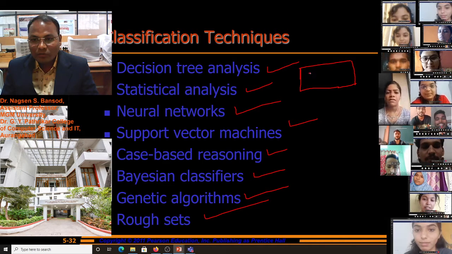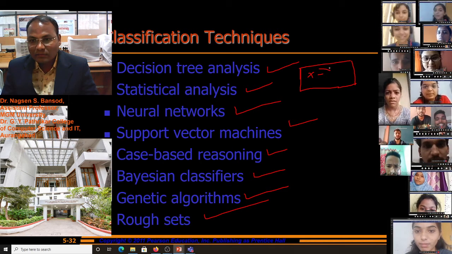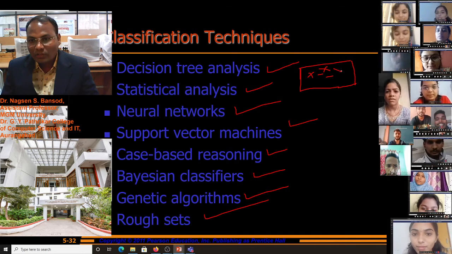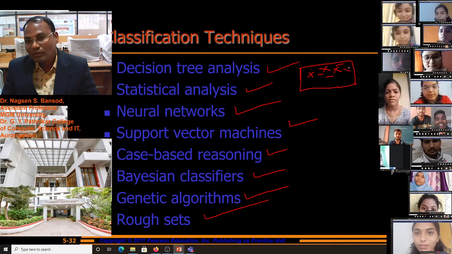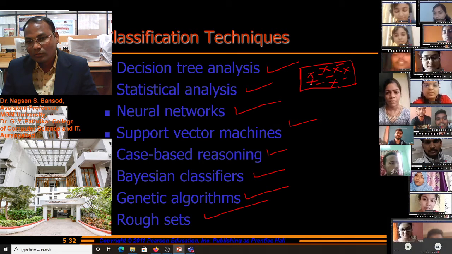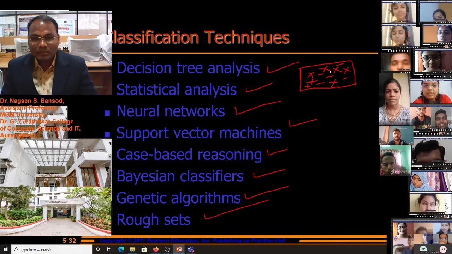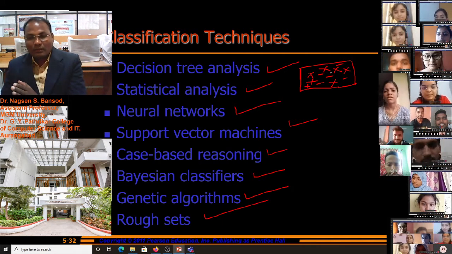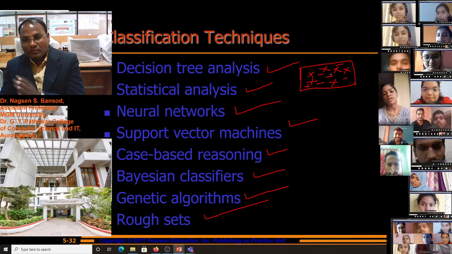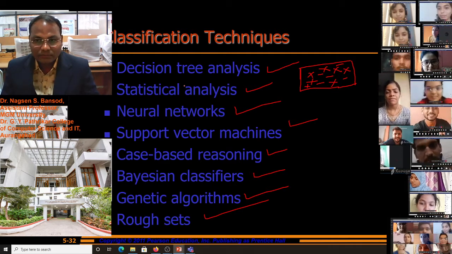Suppose we have crosses and lines in our data. Depending upon the features of this data, we can distinguish them with the help of a classification technique.